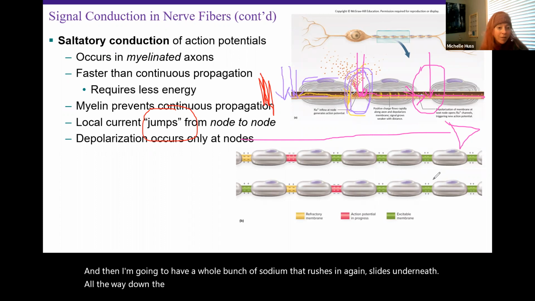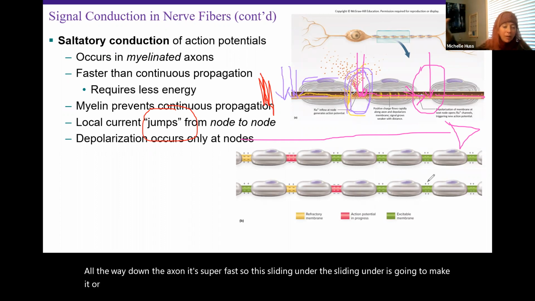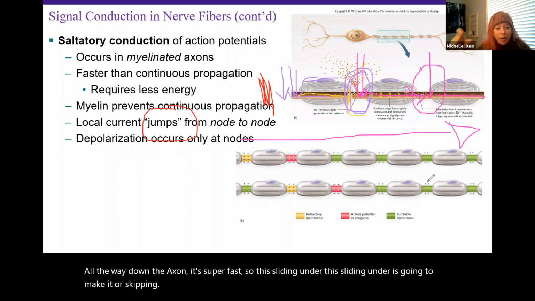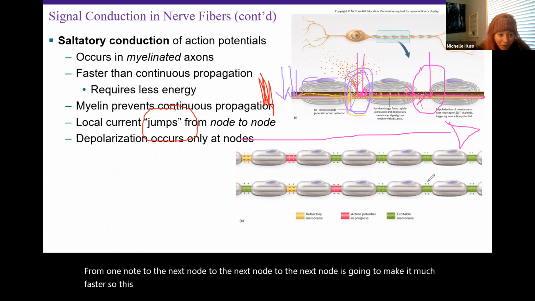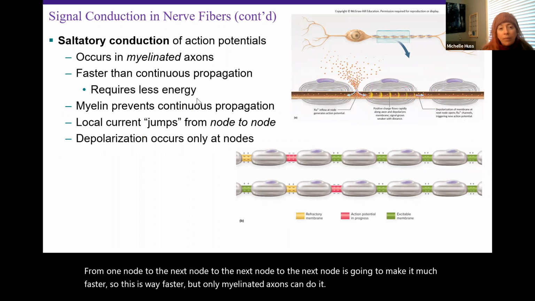It's super fast. So this sliding under, or skipping from one node to the next node, to the next node, is going to make it much faster. So this is way faster, but only myelinated axons can do it. Cool.